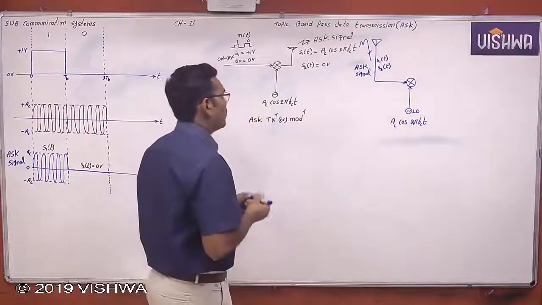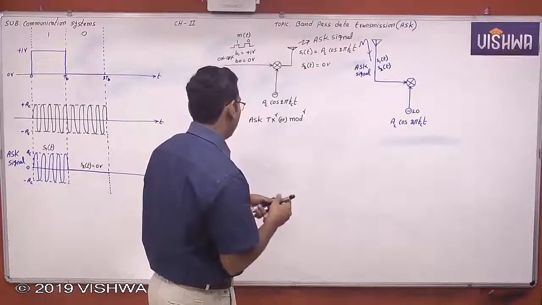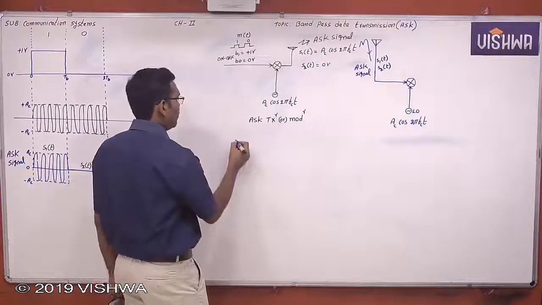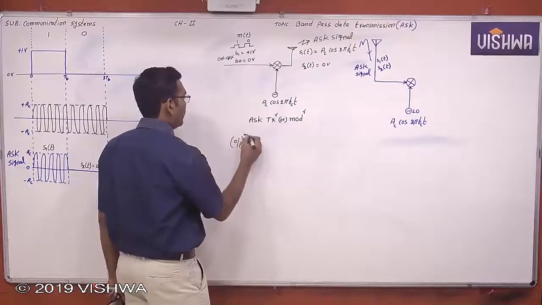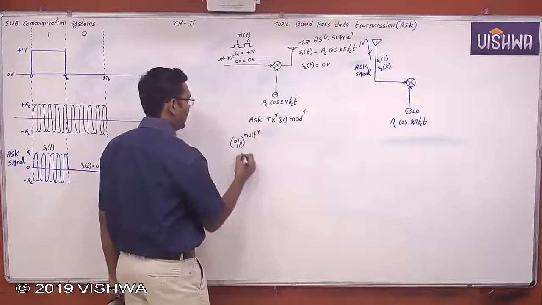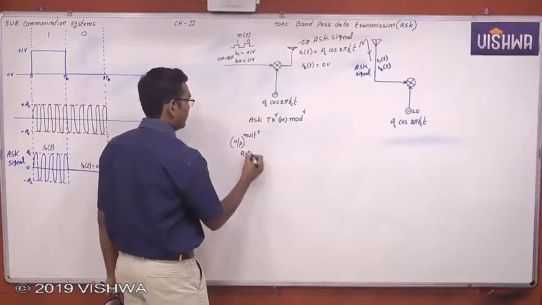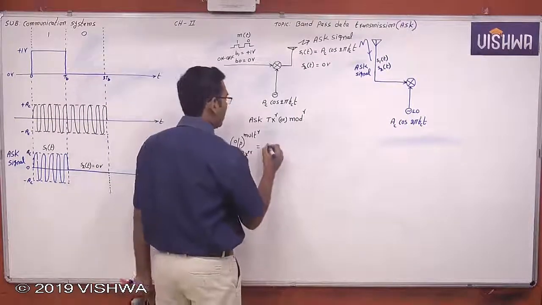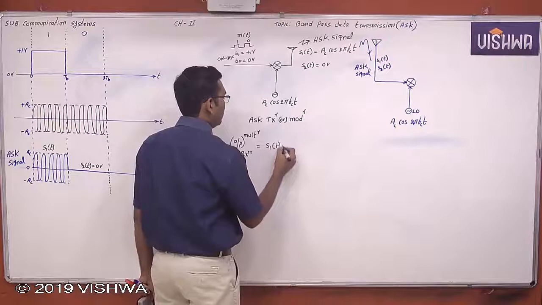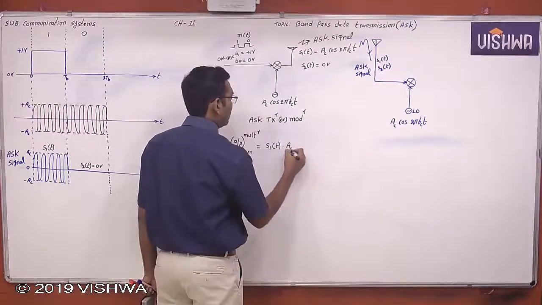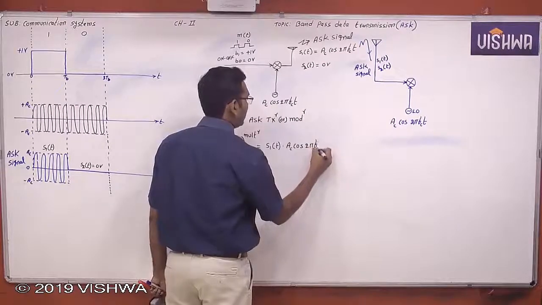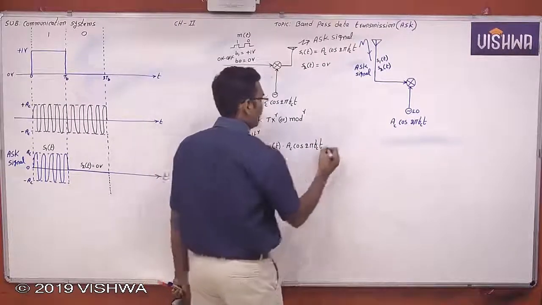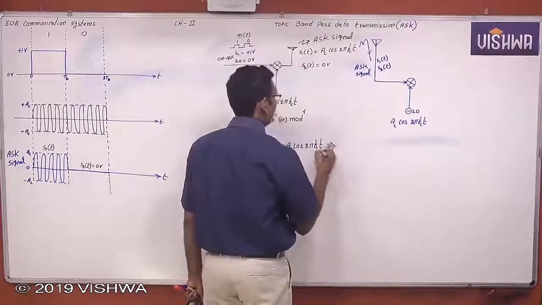So now, what is the output of the multiplier? The output of the multiplier at the receiver is S1 of t multiplied with AC cos 2 pi FC T. What is S1 of t?